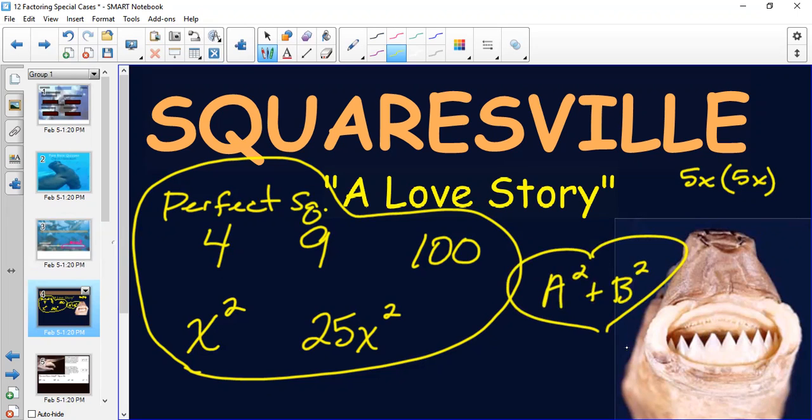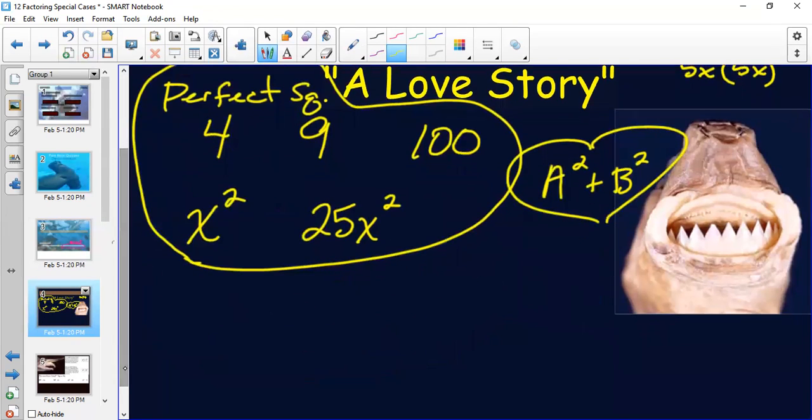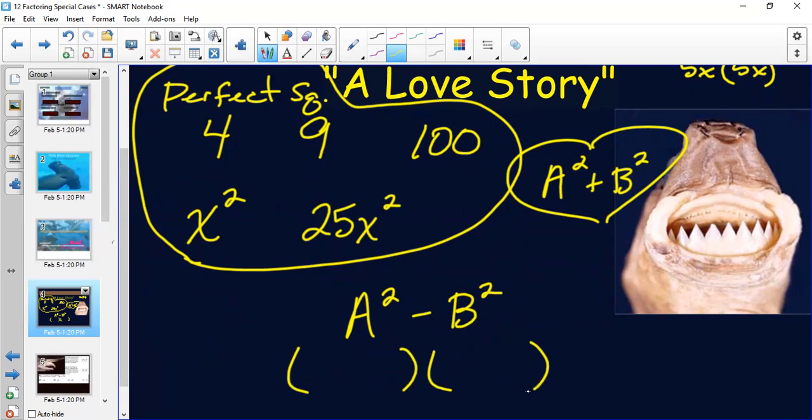But then one day it finally happened. They were having their differences. And if you remember, differences means subtraction. So no longer were they getting along, and they decided to break up. As they were sorting through their problems, they decided that when they break up, they're going to break it up into 2 binomials.